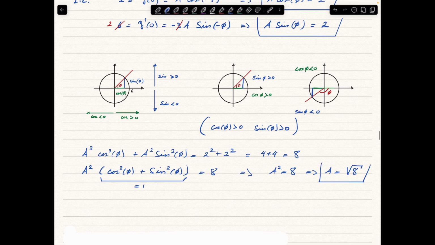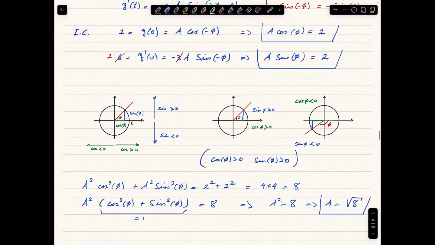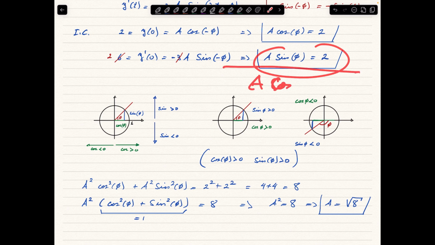Alright, we got A. How do we get the phase shift? Well, we grab this equation and we divide by the other equation. So we are going to have 2 divided by 2, and this divided by that.